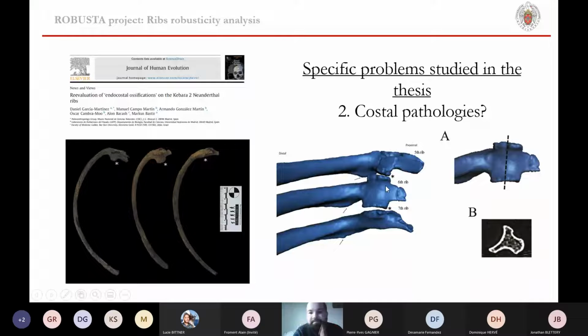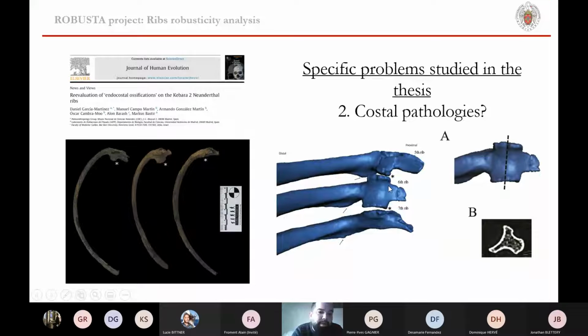So studying these 3 ribs in a comparative sample and with a lot of medical literature, we finally see that probably it was something called Meckel's costal anomaly, which is a non-pathological costal anomaly. It was not a fracture, it was not a pseudoarthrosis, it was probably a non-pathological anomaly called Meckel's costal anomaly.